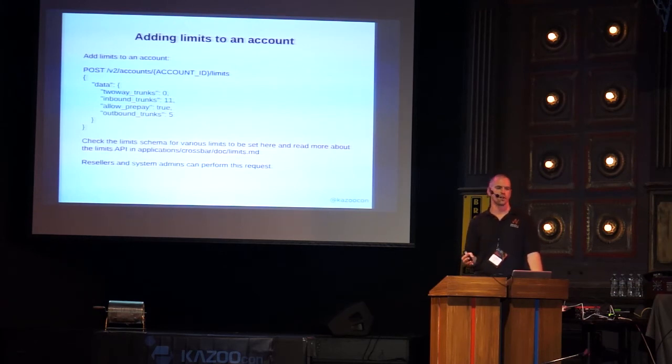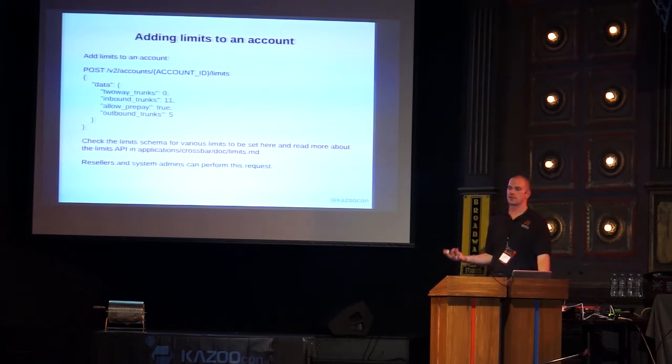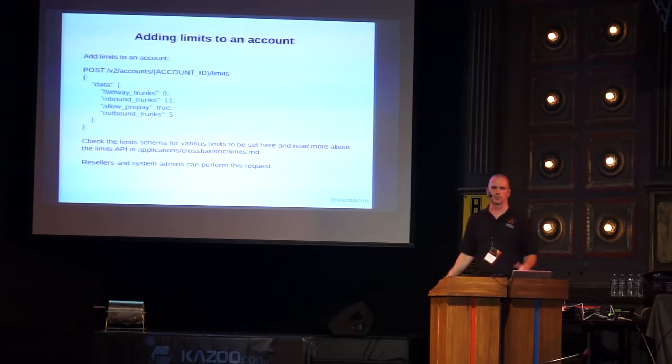The reseller of the account and the system administrator of the system are the only ones that can make this request successfully. Obviously it wouldn't make sense to let an account set their own limits. And we do have documentation in the Crossbar doc folder for the limits. So you can look at all this stuff later.